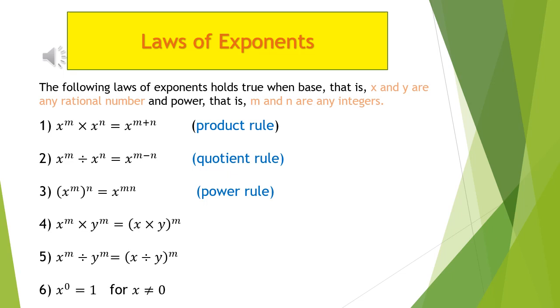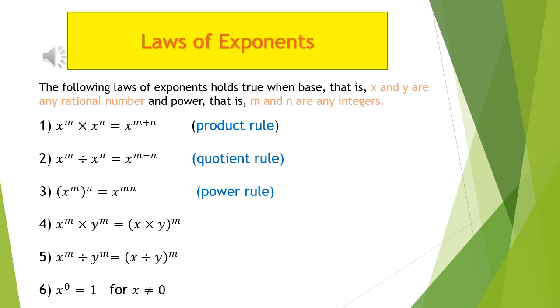In the left hand side you are multiplying two numbers that have different bases but the same power. So in the right hand side you can combine these two numbers with multiplication and put the power as common. It means you will put x multiplied by y whole power m.